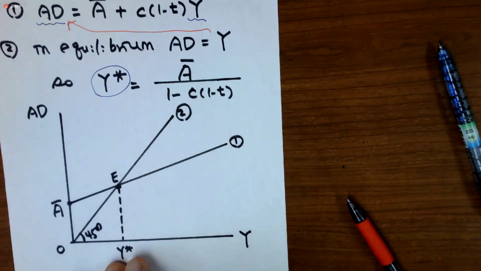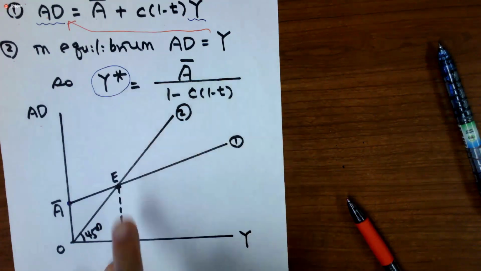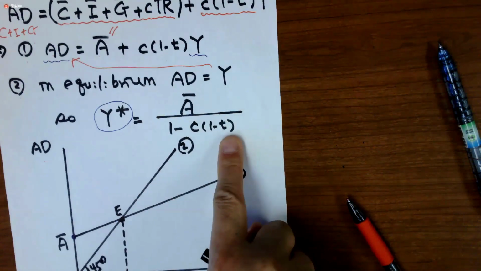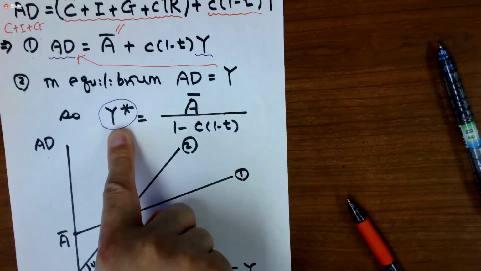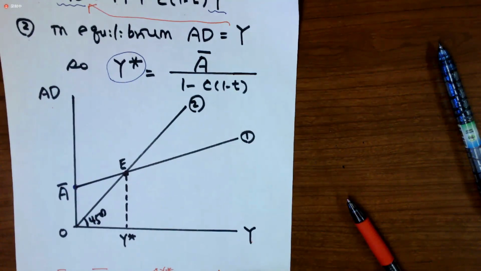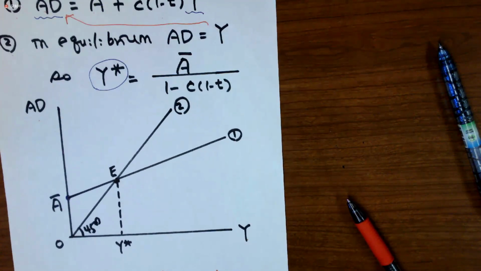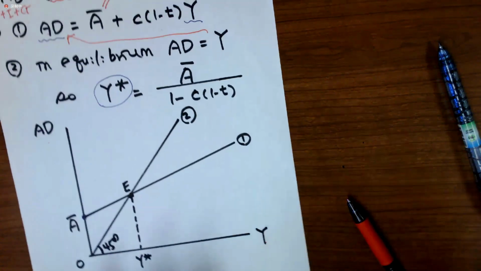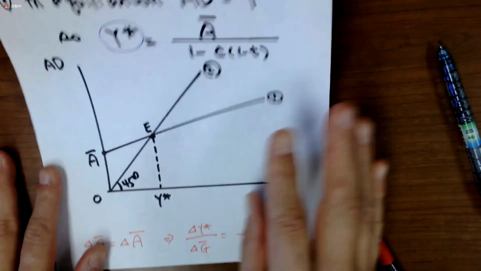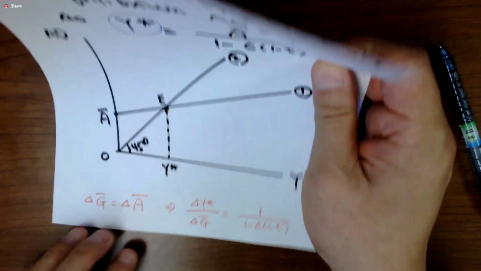So these are the corresponding expressions of the equilibrium output in the equation and in a diagram. Make sense? Okay.